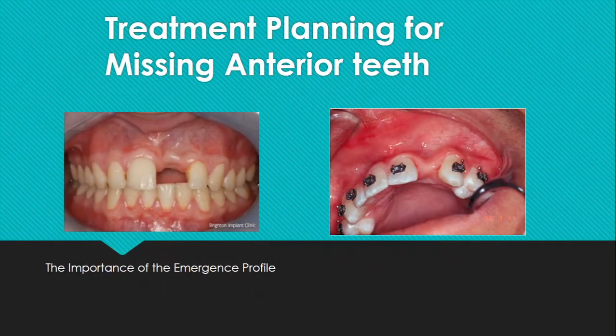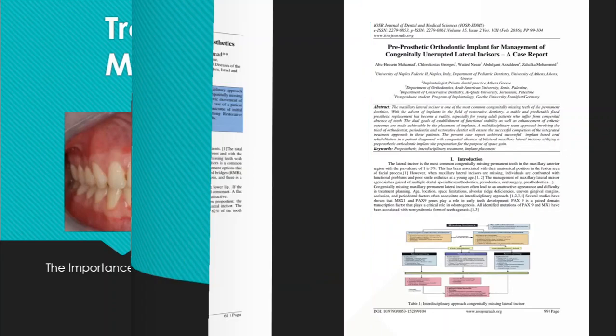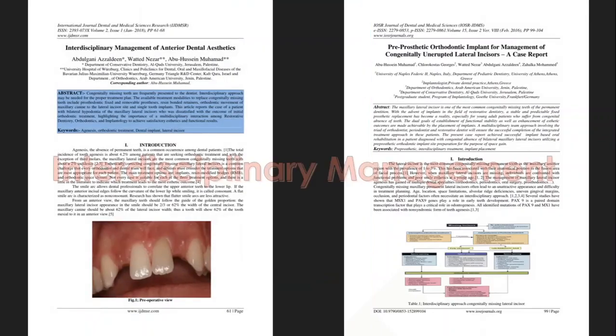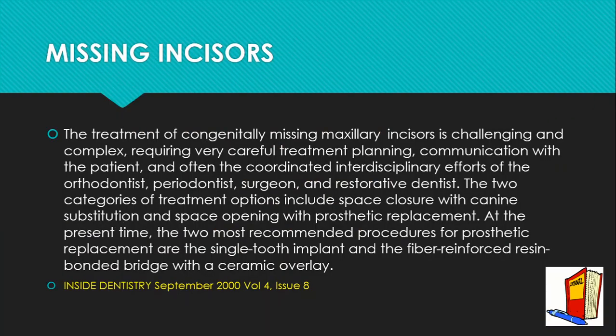Now, treatment planning for missing anterior teeth can be a little bit trickier because of the aesthetic component and the high demand that the patient will have for excellent results. So this journal reading says that when planning for missing anterior teeth, interdisciplinary management is essential.